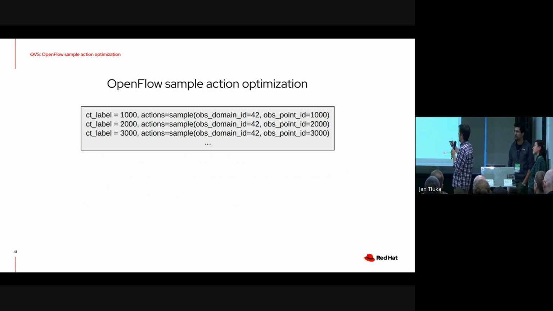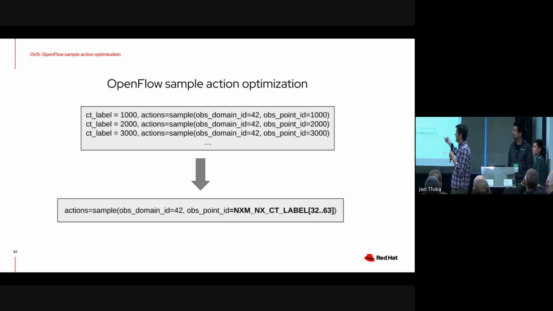So we had to optimize that in OVS by improving the existing OpenFlow sample action to be able to express this. Now the observation point ID of the sample can be extracted from whatever OpenFlow field, such as the ct_label. And those were pretty much the optimizations that we had to do.